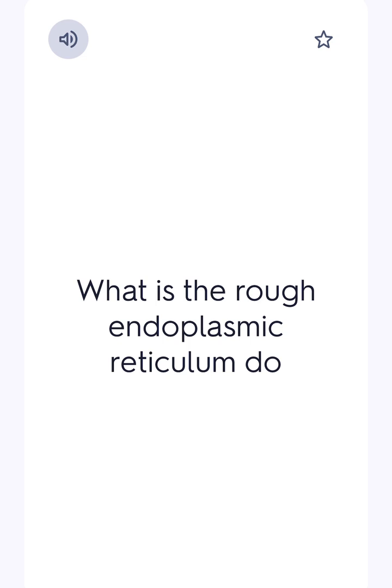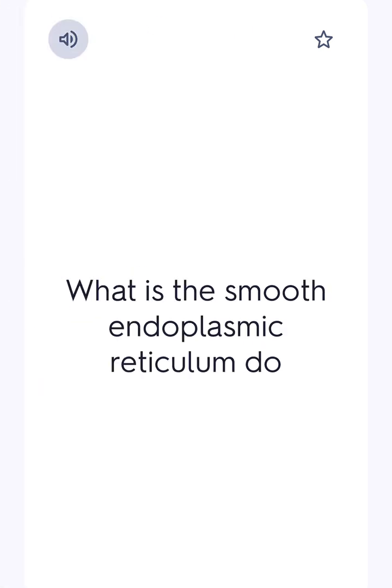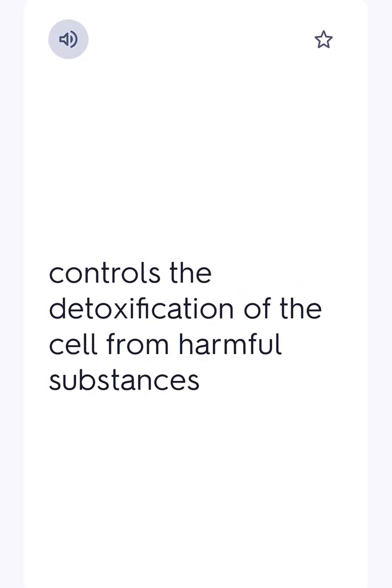What does the rough endoplasmic reticulum do? Controls the production of protein synthesis due to ribosomes. What does the smooth endoplasmic reticulum do? Controls the detoxification of the cell from harmful substances.